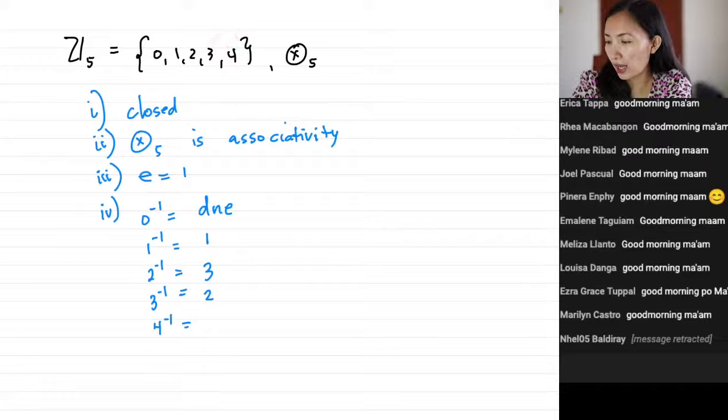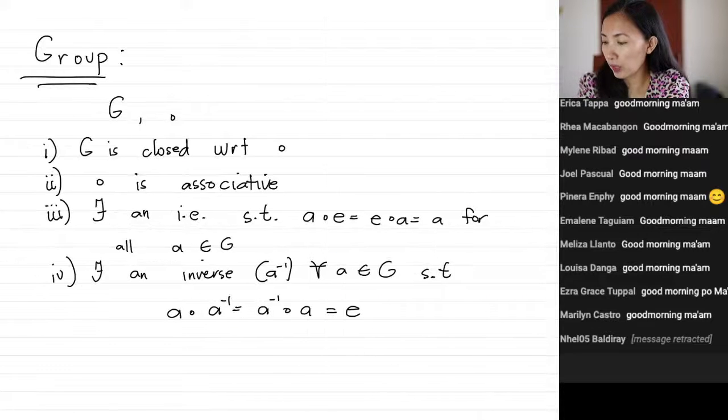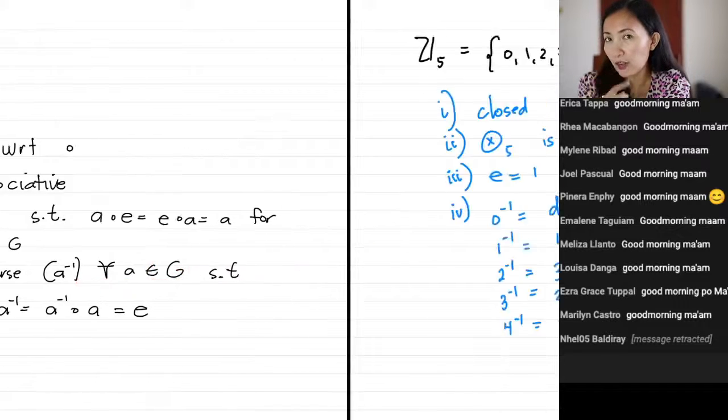So meron din siya. So the inverse of 4 is 4. However, going back to the conditions of a group, for every A in G. So, nasatisfy ba yung number 4?